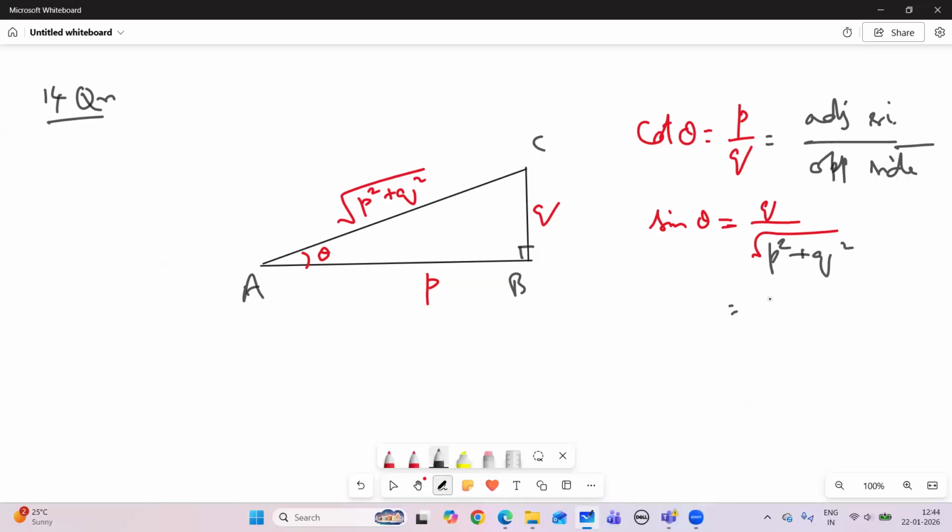This is because sin theta is opposite side by hypotenuse. Opposite side is Q, and the hypotenuse is the square root of P square plus Q square. Therefore, sin theta is Q by root P square plus Q square. Let us look at the choices.